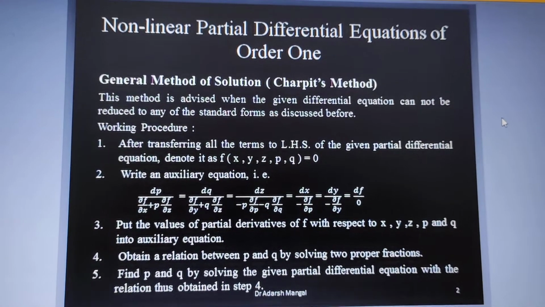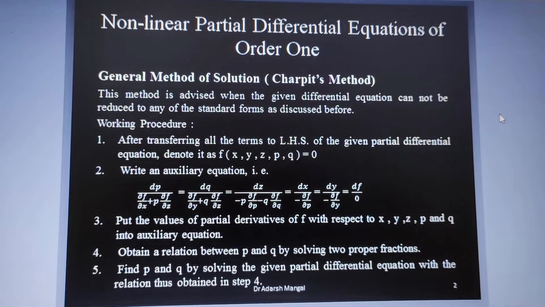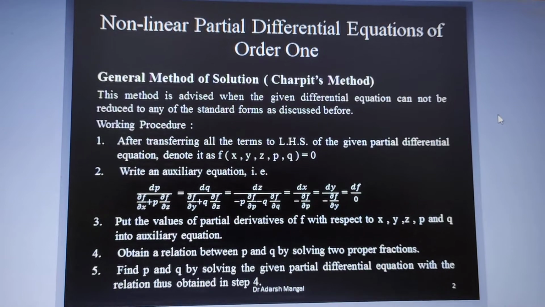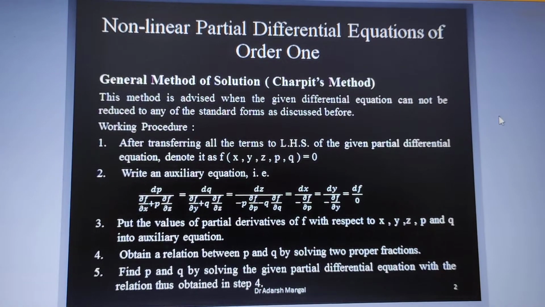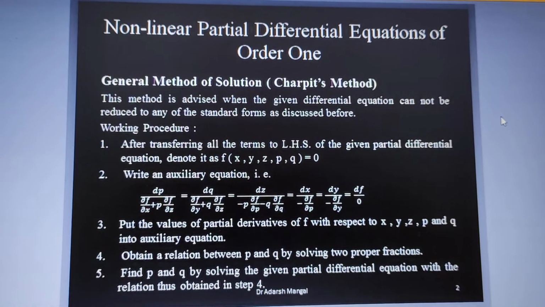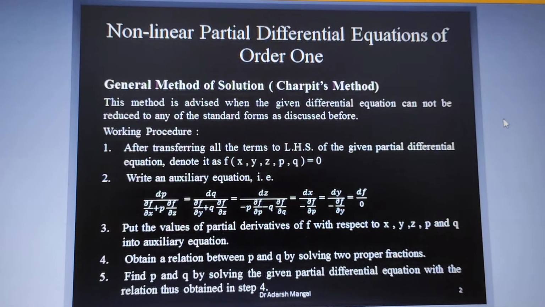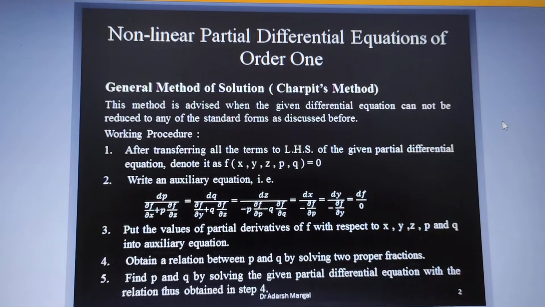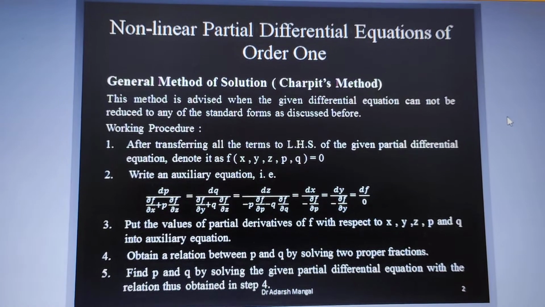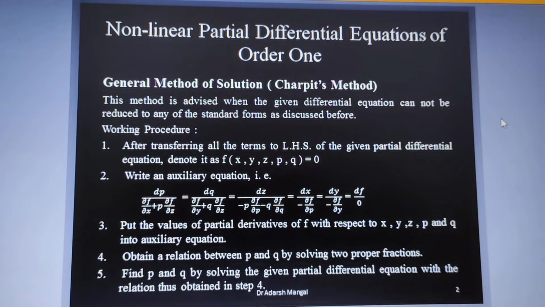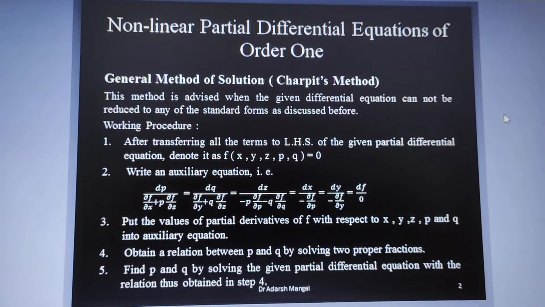So that auxiliary equation is dp upon del f upon del x plus p del f upon del z is equal to dq upon del f upon del y plus q del f upon del z is equal to dz upon minus p del f upon del p minus q del f upon del q is equal to dx upon minus del f upon del p is equal to dy upon minus del f upon del q.